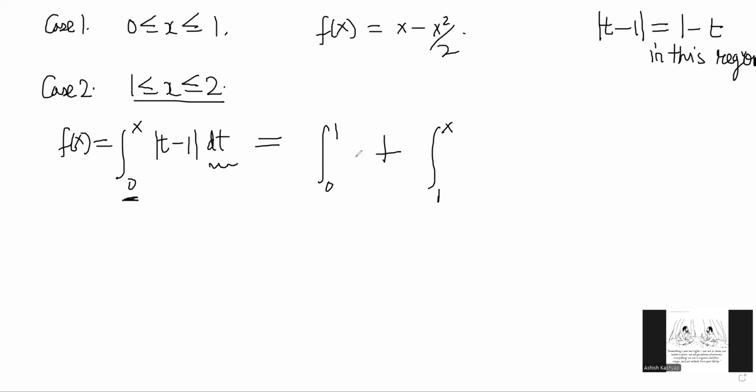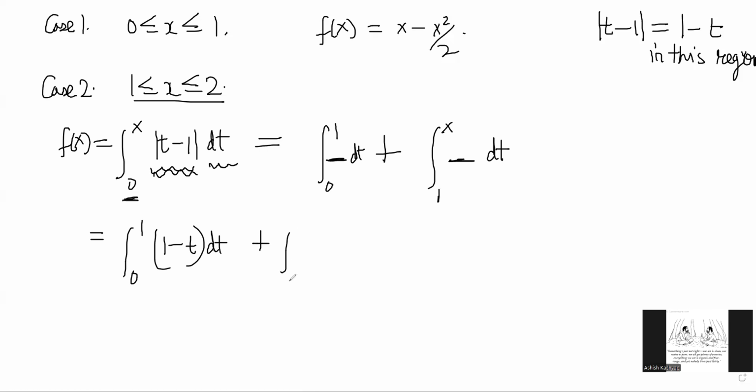This is the integral over some function of t, but I am splitting the integral into two parts because this function changes its behavior across the point 1. So this will look like the integral from 0 to 1 of 1 minus t dt, because here the values of t are less than 1, plus the integral from 1 to x of t minus 1 dt.